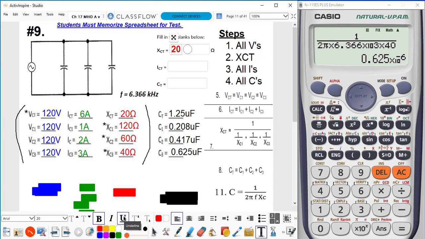For our ICT, we will type in all of the values, so that'd be 6 amps. Then I'm asked for CT, so that would be 1.25 microfarads. And of course, I'm wanting the numerical value, the metric prefix, and the electrical quantity of measure.